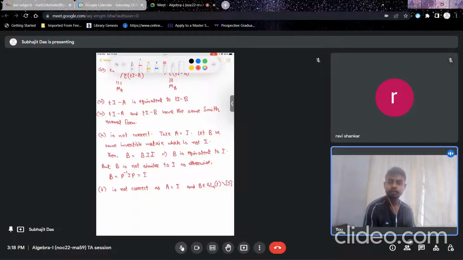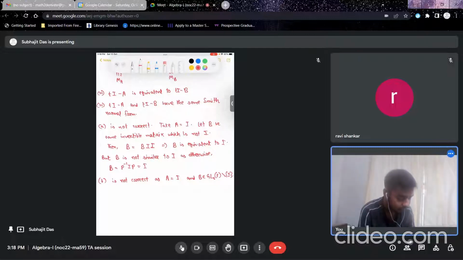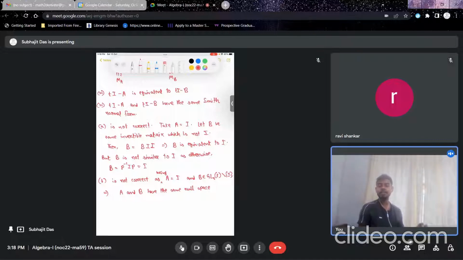For the second option, I'm saying that it's not correct, as I'm taking the same example again. I'm taking A to be the identity matrix and B to be some invertible matrix which is not identity. Then A and B have the same null space, right?